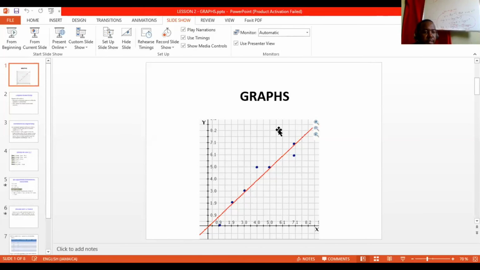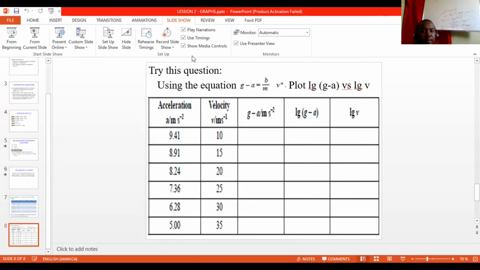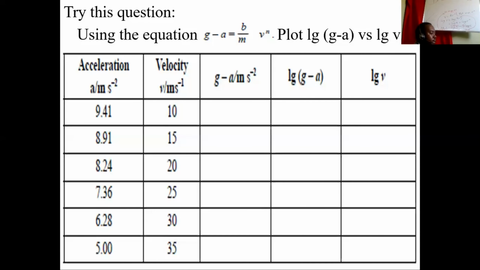All right, let's do the last one on this, which is this one. So that equation there. We're also going to look at filling out tables, because there are certain things that you need to note when you're filling out a table.